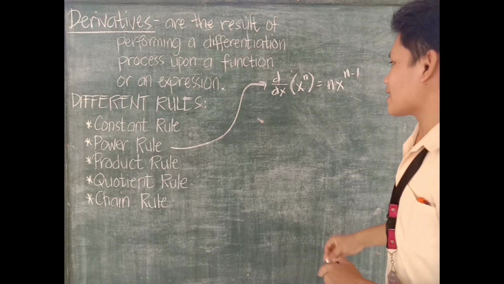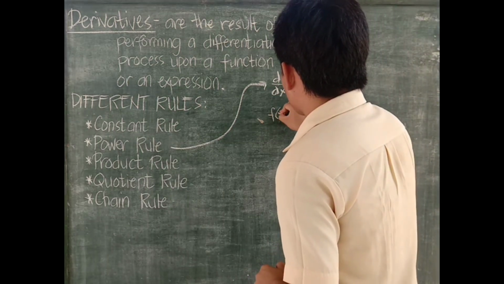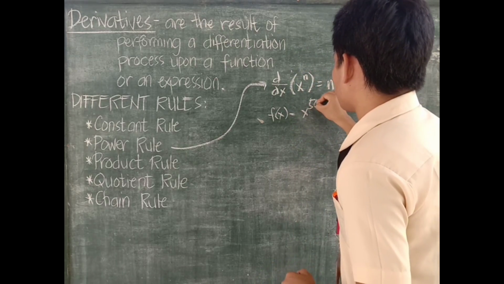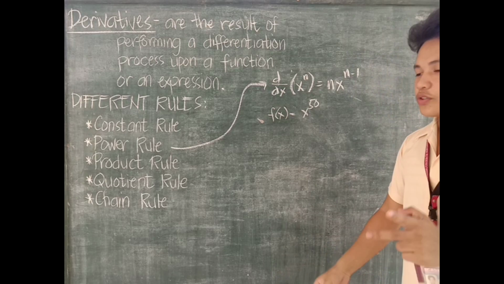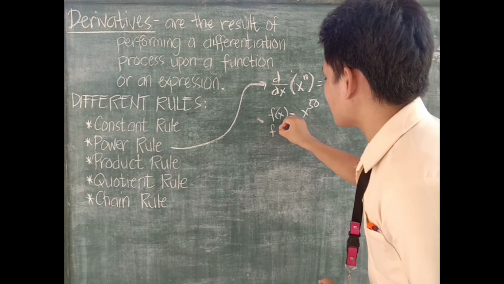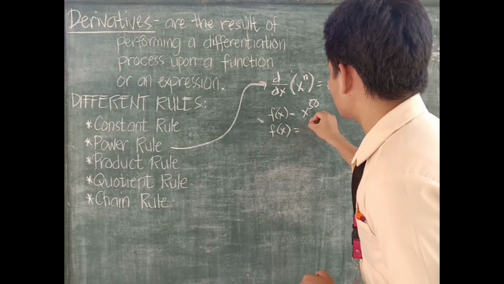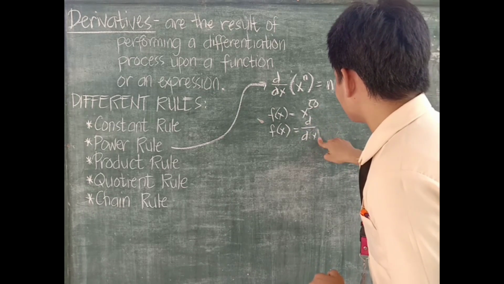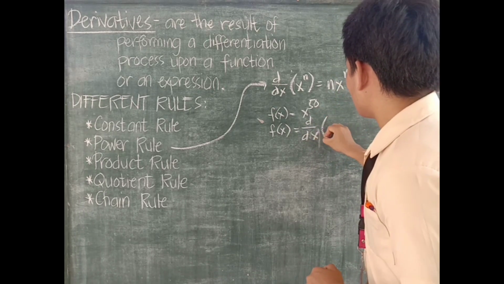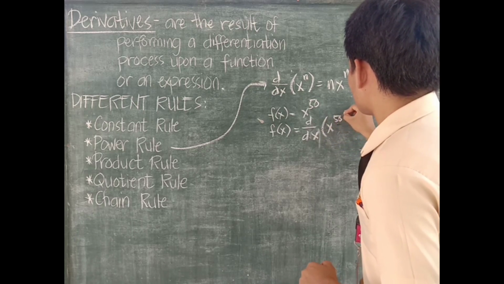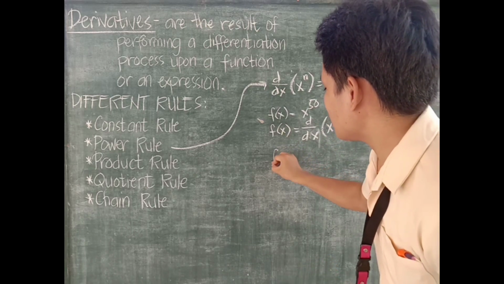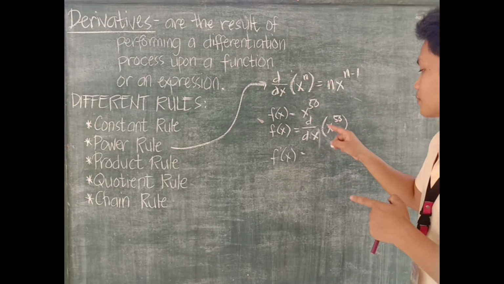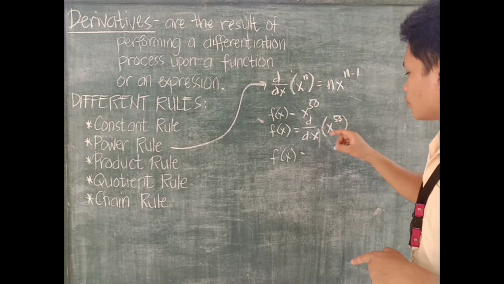So, let's say for example, we have here f of x is equal to x raised to 50. So, in order to do the derivative, we have here f of x is equal to d with respect to x of x raised to 50. f prime of x is equal to, so 50 times the imaginary 1 here is equal to 50.